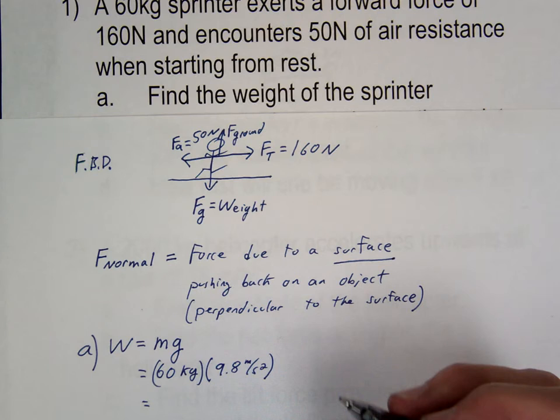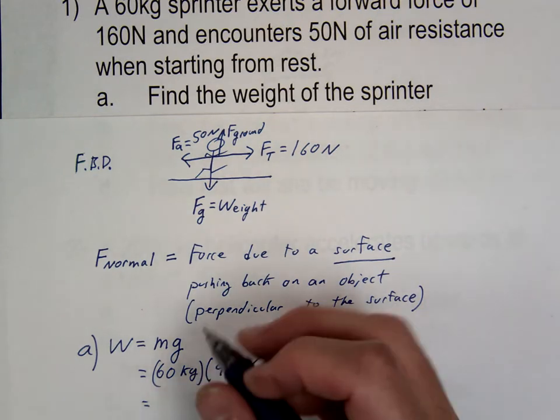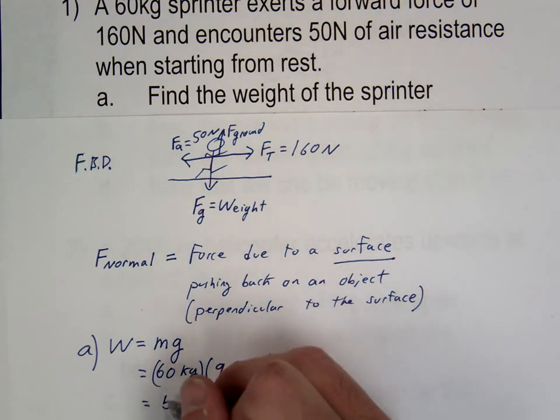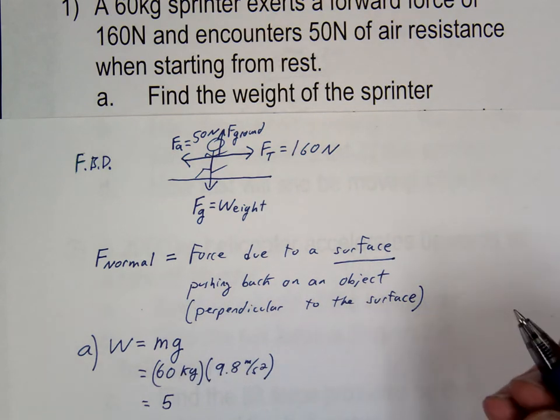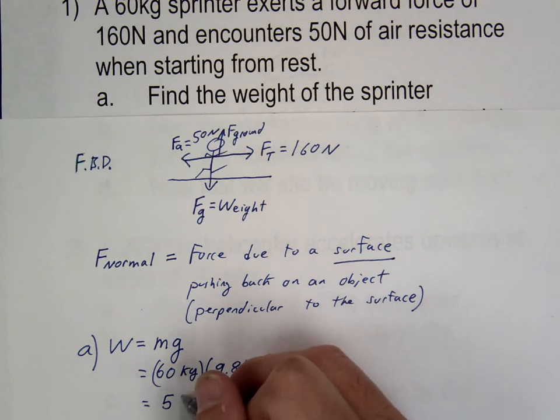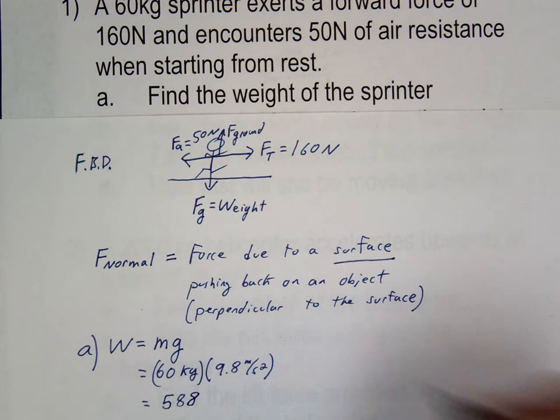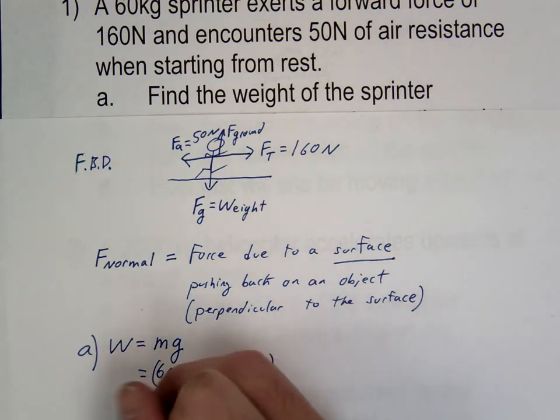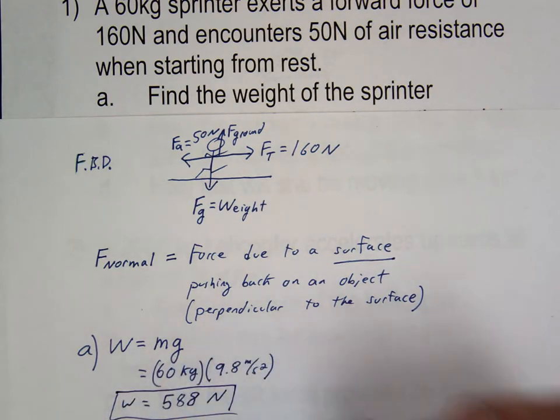You could probably do this one in your head, right? So that'd be our newtons, 588. By the way, your weights are typically going to be large numbers. They're not going to be like, I weigh 150 pounds. These are a whole other unit.